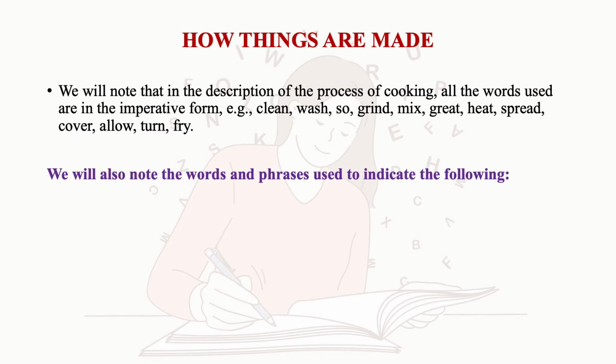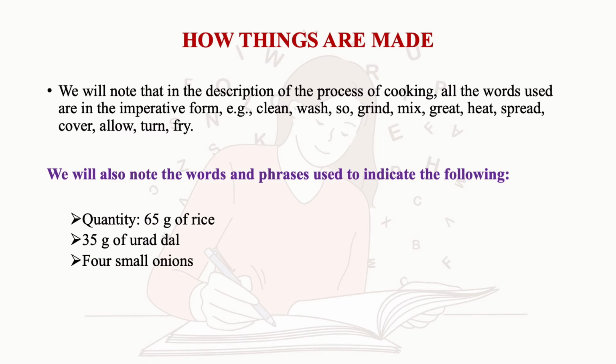We will also note the words and phrases used to indicate the following. Number 1, quantity: 65 grams of rice, 35 grams of urad dal, 4 small onions, half a coconut.